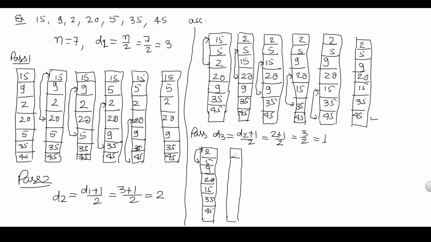Now next we will compare 2, 5, 9. First copy these values, 20, 15, 35 and 45, and next we will compare 5 with 9. Because 5 is less than 9, no swapping is required this time also.